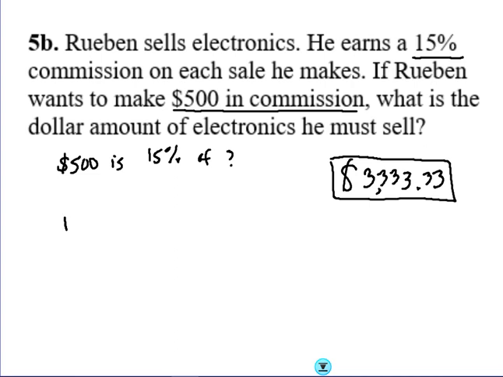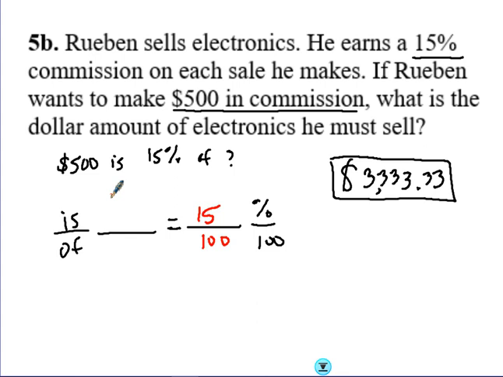So I'm going to say is over of equals percent over 100. My 100 is obvious. 15% is also obvious. So I'm only choosing really between the 500, is it an is or of? Because it says 500 is, then 500 is. And I'm looking for the amount that I need to sell. So 500 is 15% of what number?